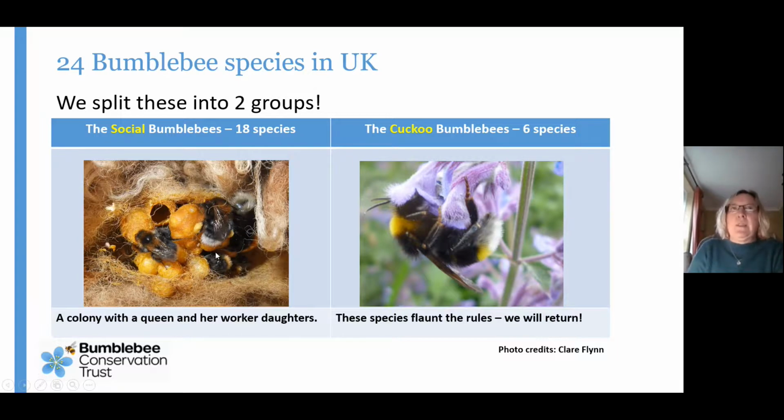They tend to be quite host specific, so certain cuckoo bumblebee species attack particular social bumblebee species, and they will try and subdue the queen of the social nest and either expel her from the nest or actually kill her. And then the cuckoo female takes over the nest, complete with all of the workers from the original social species, and she uses those workers to raise her own young.